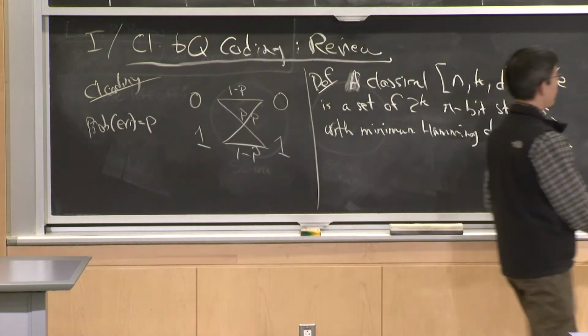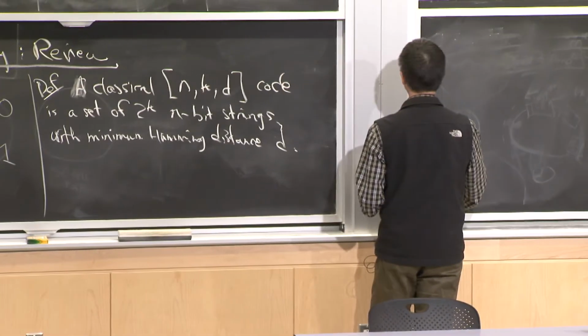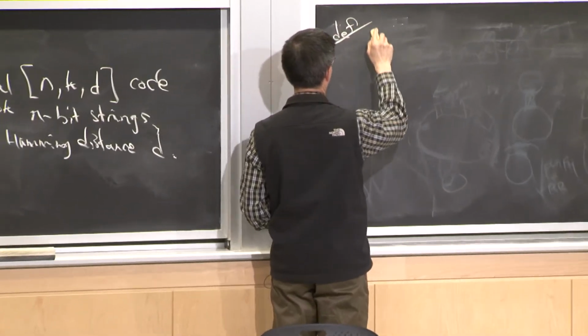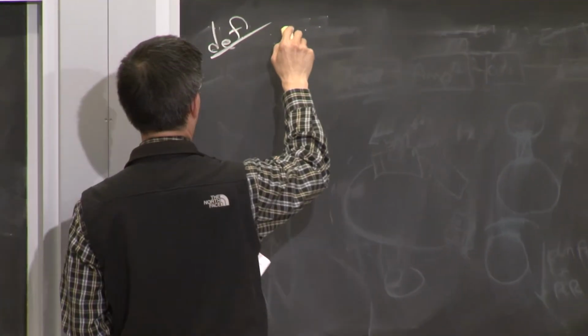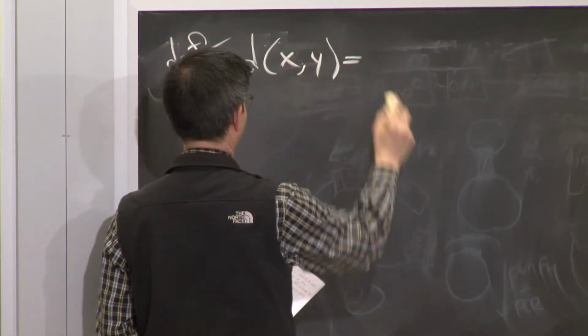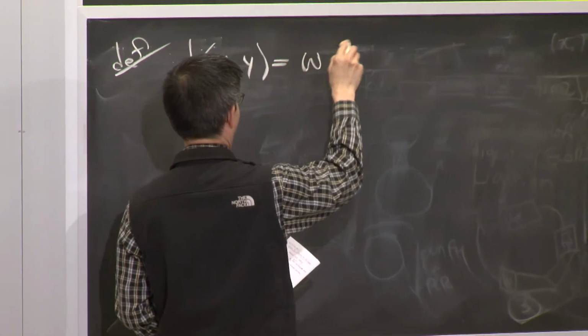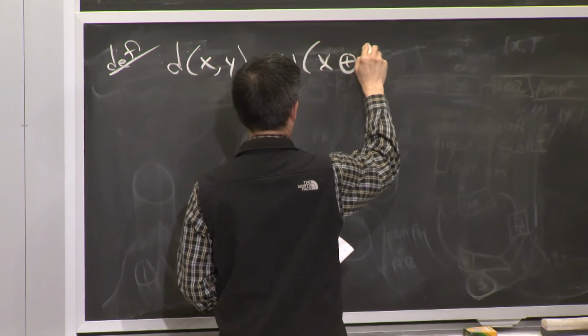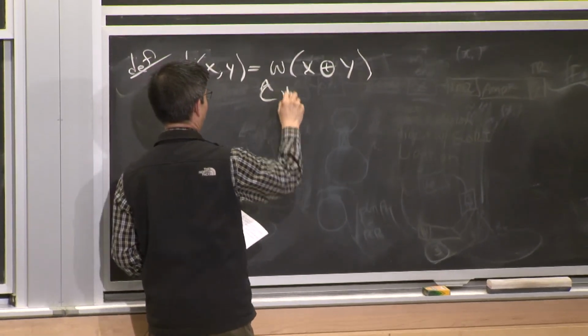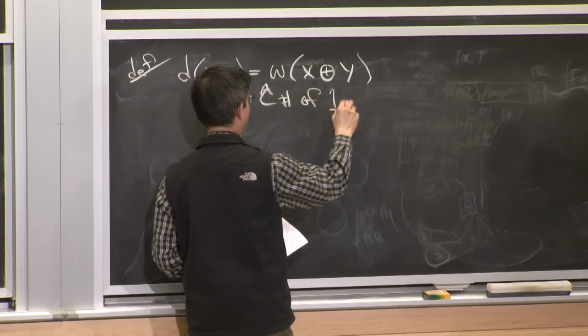So in order to use this definition, one thing we need is the Hamming distance. And I want to make sure you all remember this. The Hamming distance d between 2 code words x and y is the weight of x plus y, where this is the Hamming weight. That's the number of 1s.